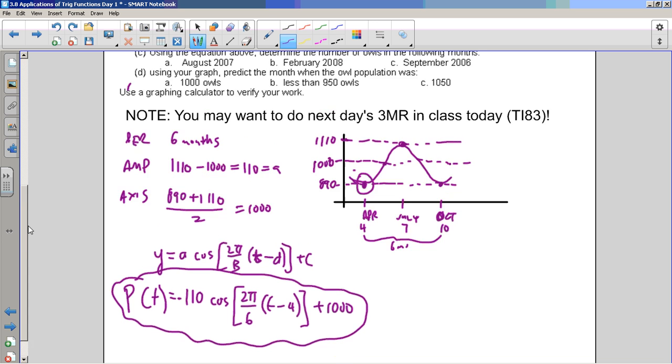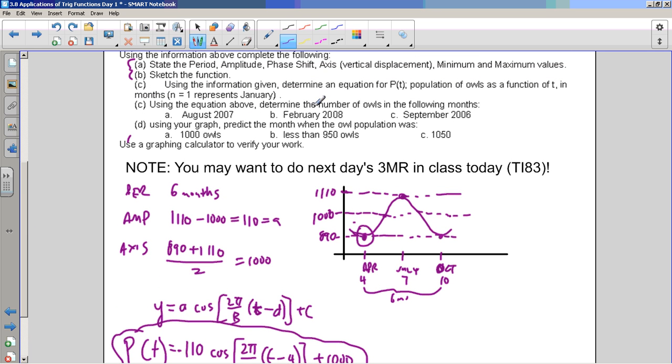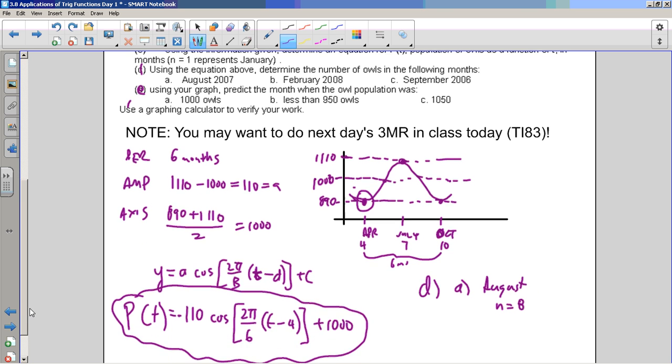And then it asks me, using the equation above, determine the number of owls in the following months. August of 2007. So August of 2007 is in here somewhere. This is part C, part 2, I guess. August is the 8th month, and so I just pound that into a calculator, right?